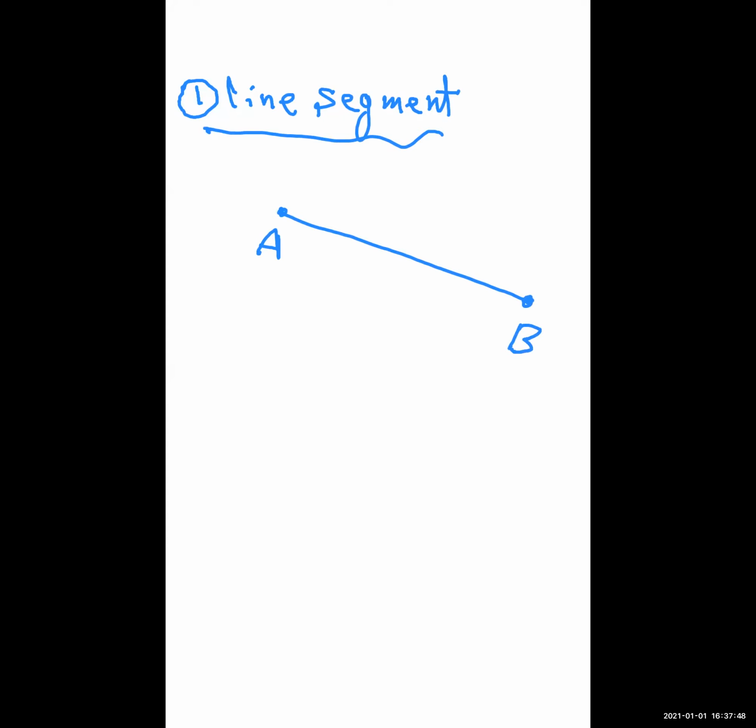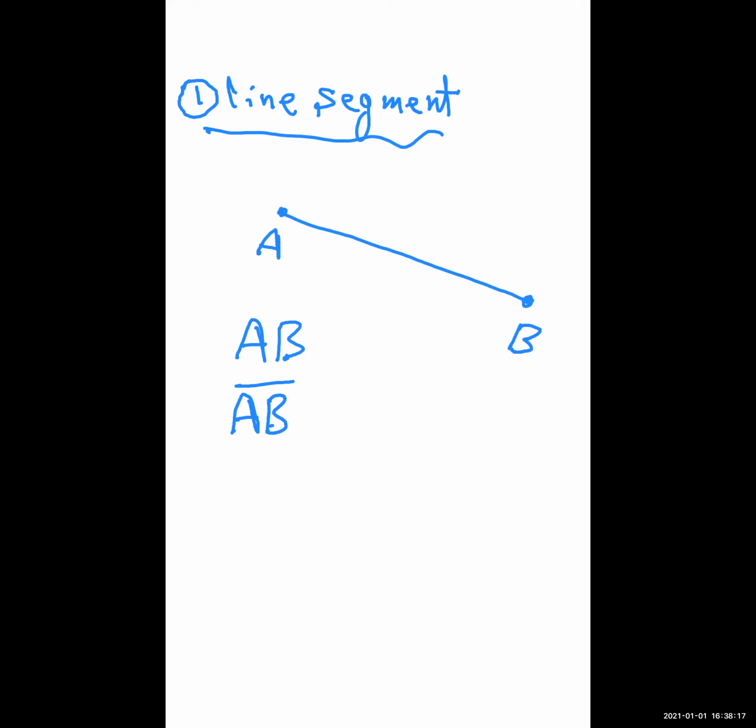And actually, guys, a line segment has 2 points, or I mean 2 terminal points or 2 end points. We write it in this form: line segment AB, or we can write it in this form, AB, with one line on top of the symbols, like this.